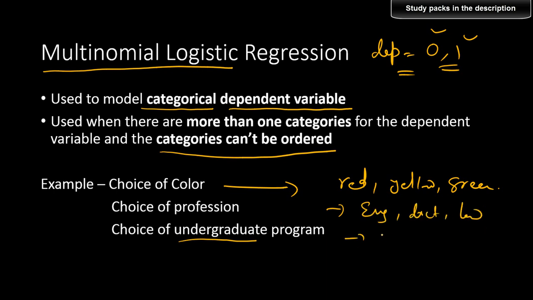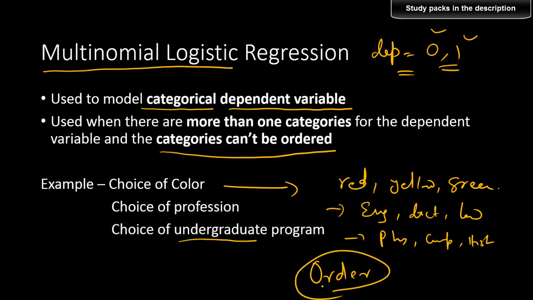Similarly, any undergraduate program, whether it's physics, computer science, or history, you cannot order them. So multinomial logistic regression is used where you cannot order or sort the categories. If you can sort the categories, then we'll use another type of logistic regression known as ordinal logistic regression, and we'll see that in another tutorial. That's a totally different topic.